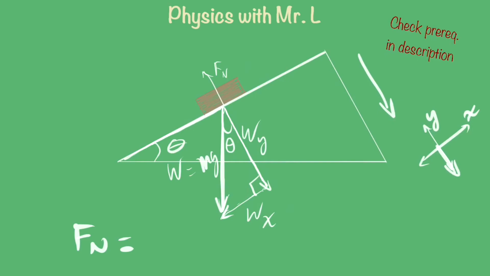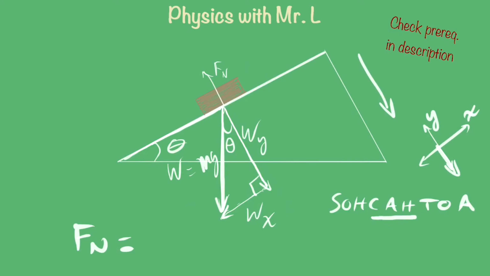Now that we've correctly drawn the triangle, we can figure out what wy is. We have the angle theta, and wy is adjacent to theta. So if we have the adjacent side and the hypotenuse w, we can use cosine, right? Because according to SOHCAHTOA, cosine is the adjacent side over the hypotenuse.